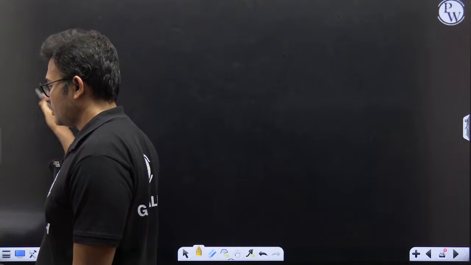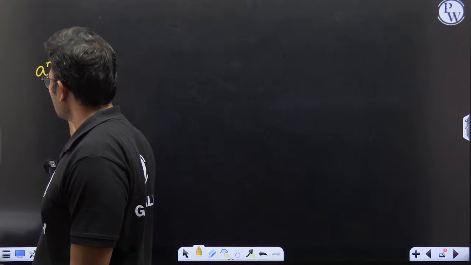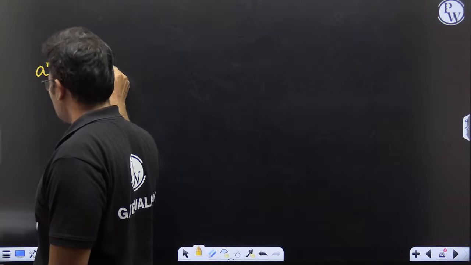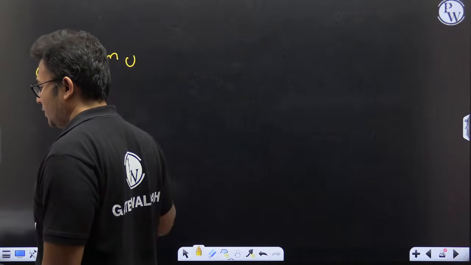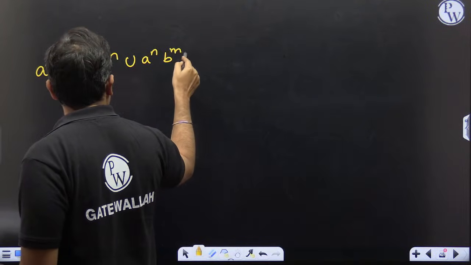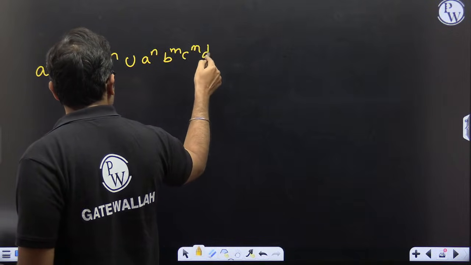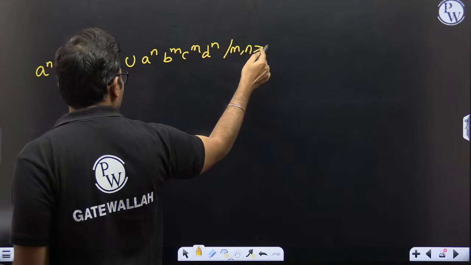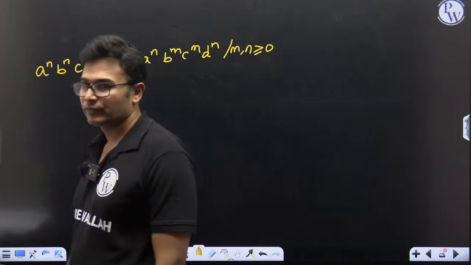Answer this. A power n, B power n, C power m, D power m, union A power n, B power m, C power m, D power n, such that m, n greater than or equal to 0.